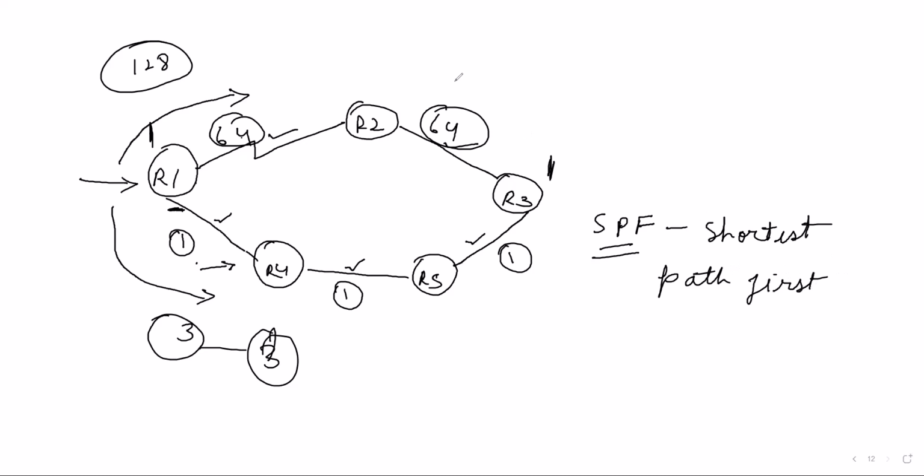Always remember, if you have 2 links and they are slow, it doesn't mean your protocol will choose that link. If you have 4 links but they are very fast, definitely your protocol will choose them. This is the algorithm OSPF uses for best path selection. First it converts to cost, then finds the lowest cost. That would be the best path.